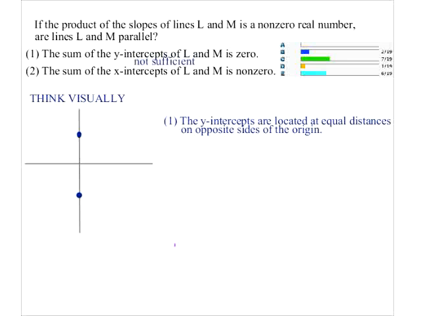Statement 2 just means that on the x-axis this doesn't happen. So statement 2 is the x-intercepts are located anywhere other than equidistant from the origin.